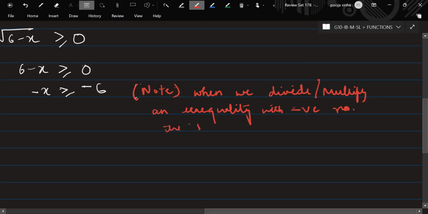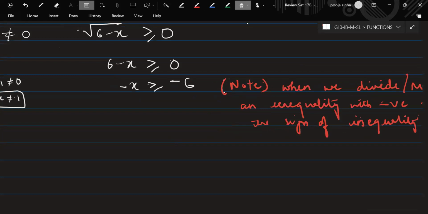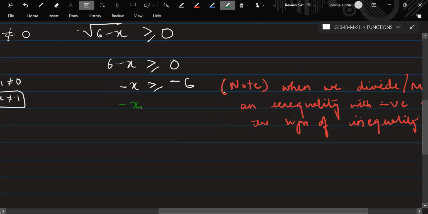The sign of inequality changes. Which means now what am I trying to say here? You had a minus x.